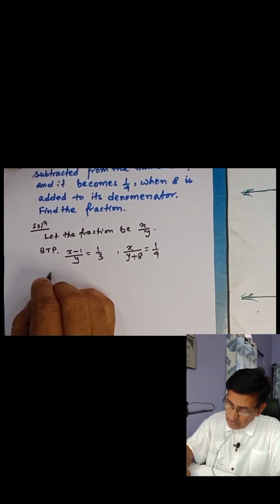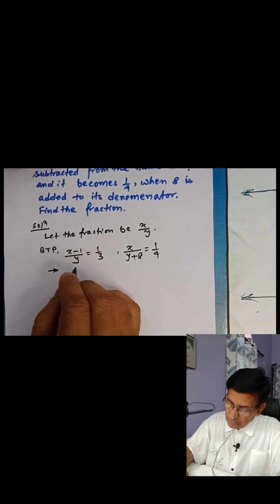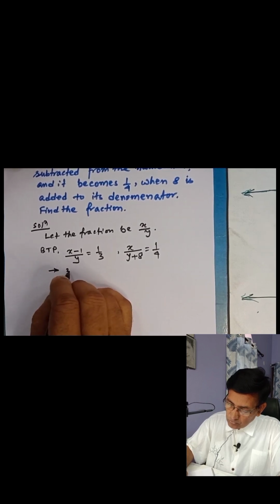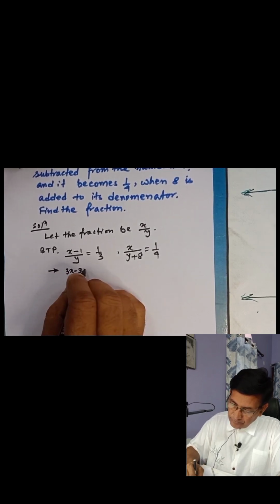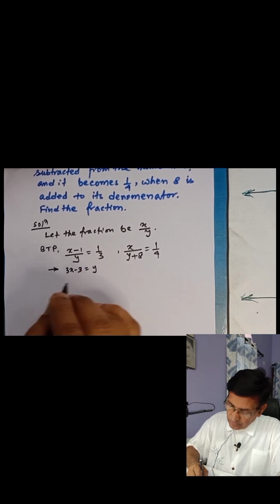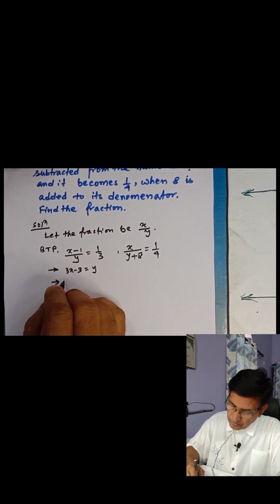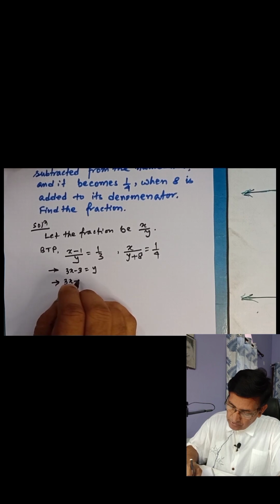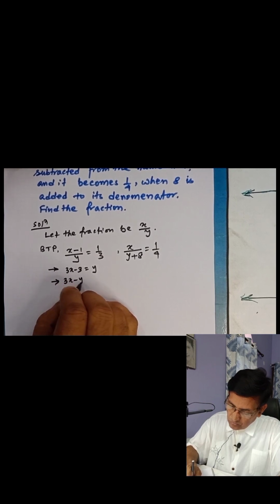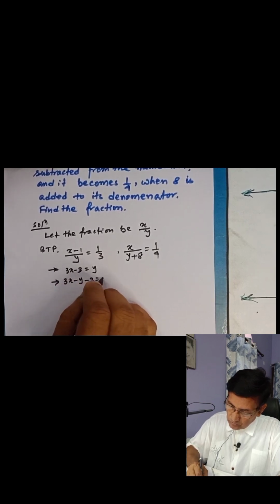Or 3x minus 3 is equal to y, or 3x minus y minus 3 is equal to 0.